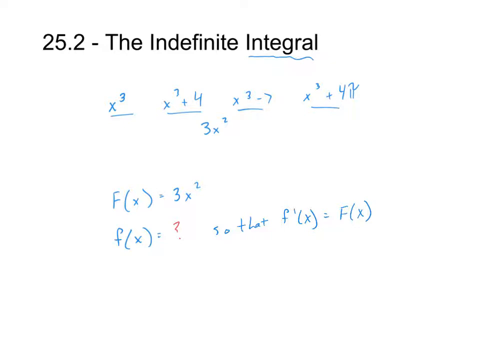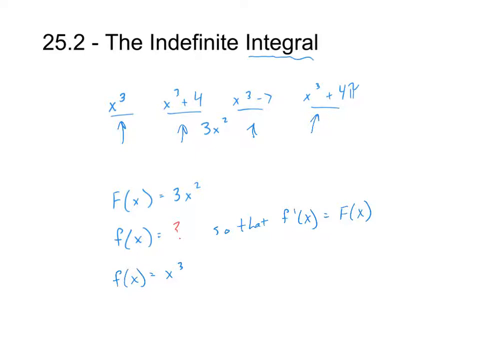Well, what I just did at the top, that's kind of the answer. The answer is that little f of x is equal to x cubed. But which x cubed is it? Is it this one? Is it this one? Is it that one? Or is it that one? Well, we don't really know without a little bit more information.